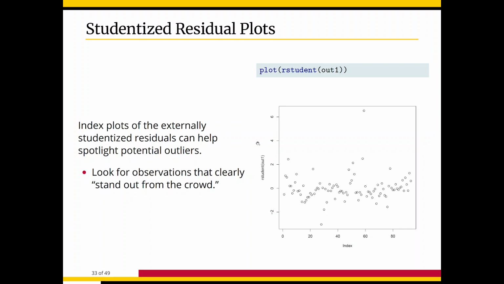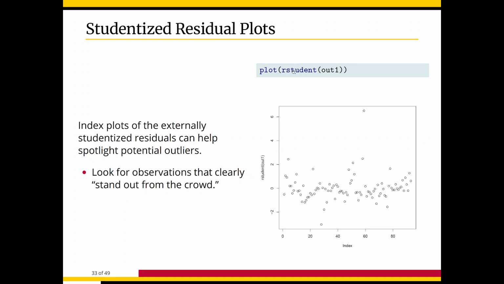So what I prefer to do with these is to create index plots. An index plot is basically what you get if you plot some continuous value on the y-axis, and you don't specify an x-axis in R. So here we're going to plot just the studentized residuals.